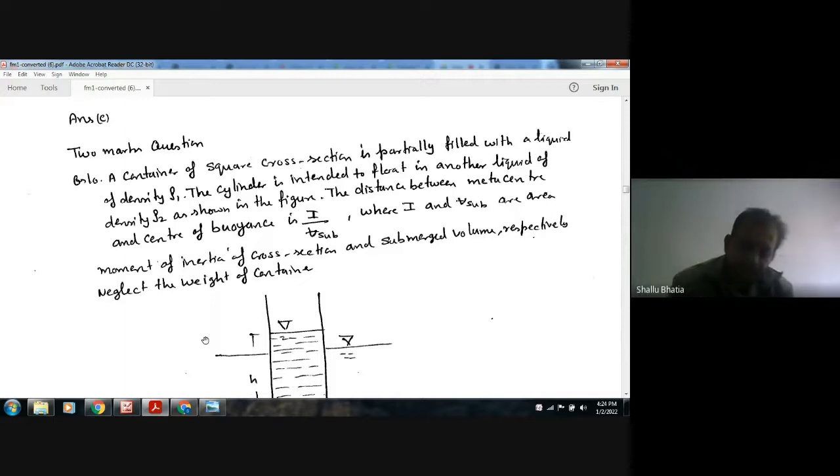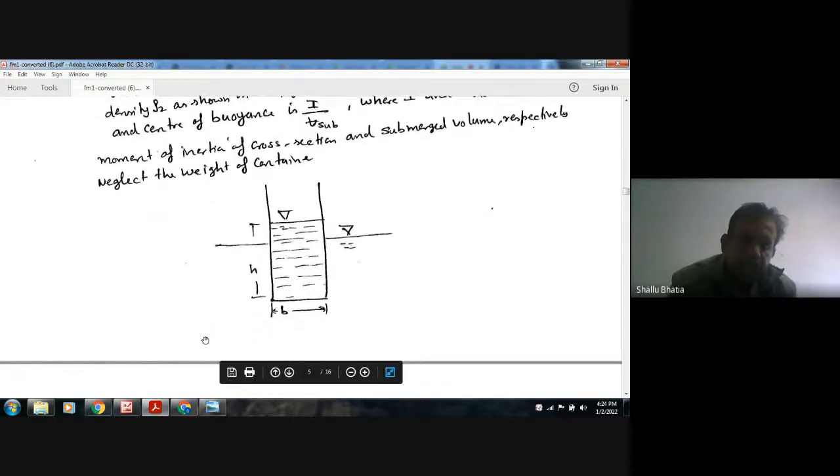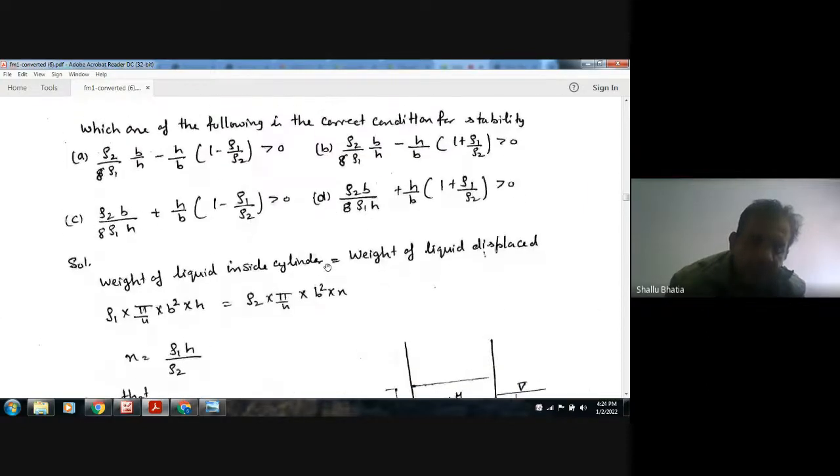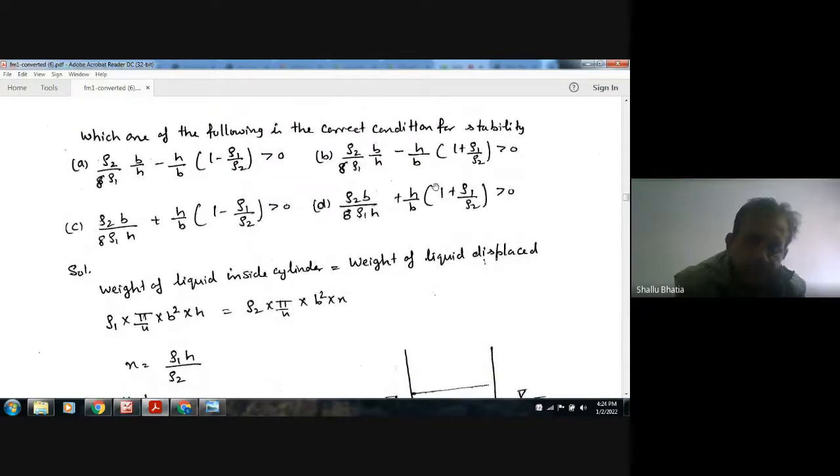Select the weight of the container. Okay, so this is the container with the liquid in it at height H and submerged. Okay. Now, which one of the following is the correct condition?